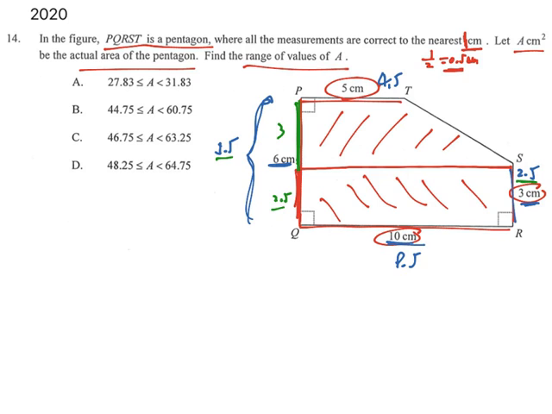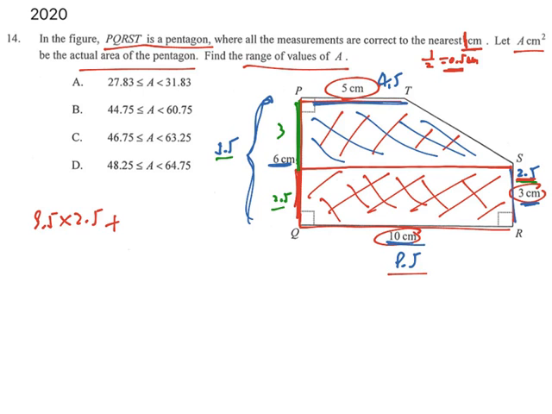Then we calculate the minimum. We calculate the rectangle first: base times height, 9.5 times 2.5. Then plus the trapezium: upper base plus lower base, the lower base is 9.5, times the height, which is 3 divided by 2.